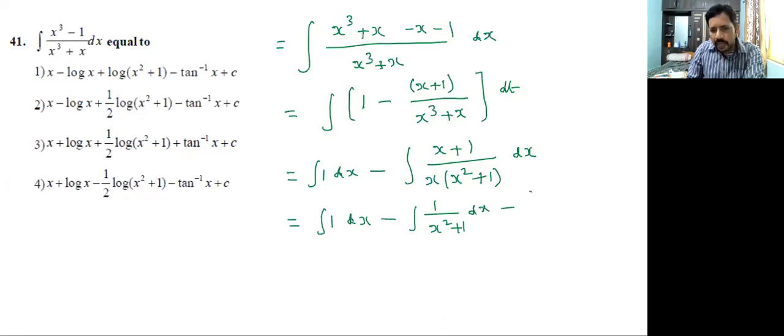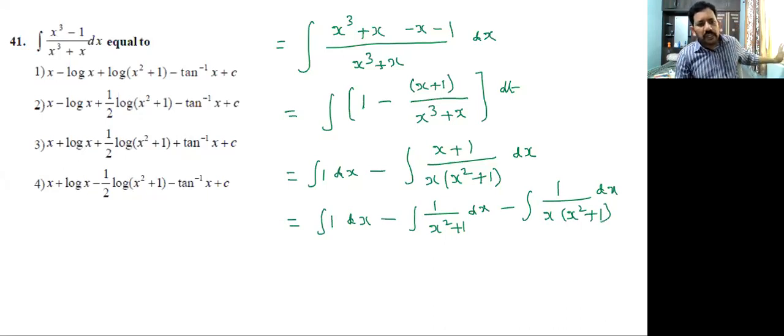Next, minus the integral of 1 by x into x square plus 1 dx. We got 3 terms, but see the options. There are 4 terms. What is the 4th term? That is important here.